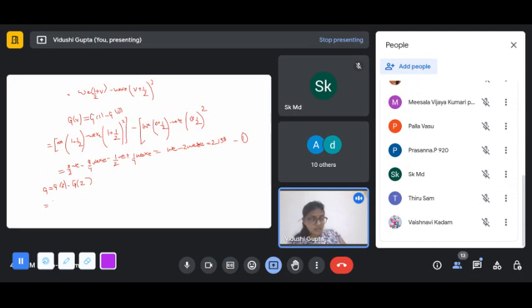Directly solving it, it will be 7 by 2 omega e, minus 7 by 2 whole square, 49 by 4 omega e xe, minus 5 by 2 omega e, minus 25 by 4 omega e xe.